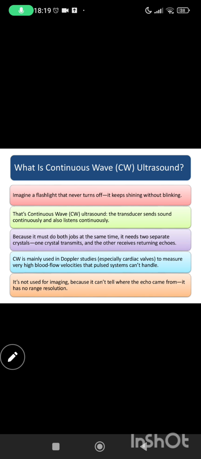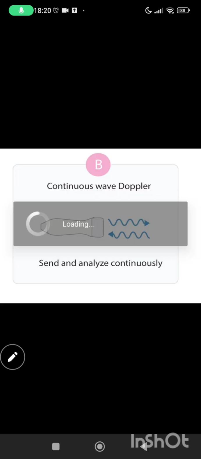It's like standing in a hallway and hearing someone clap. You know someone made the sound, but you don't know how far away they are. So CW Doppler listens to very high velocity sound, but can't tell where it is coming from. No aliasing, high velocity measurements are obtained, but no depth information, no range resolution.